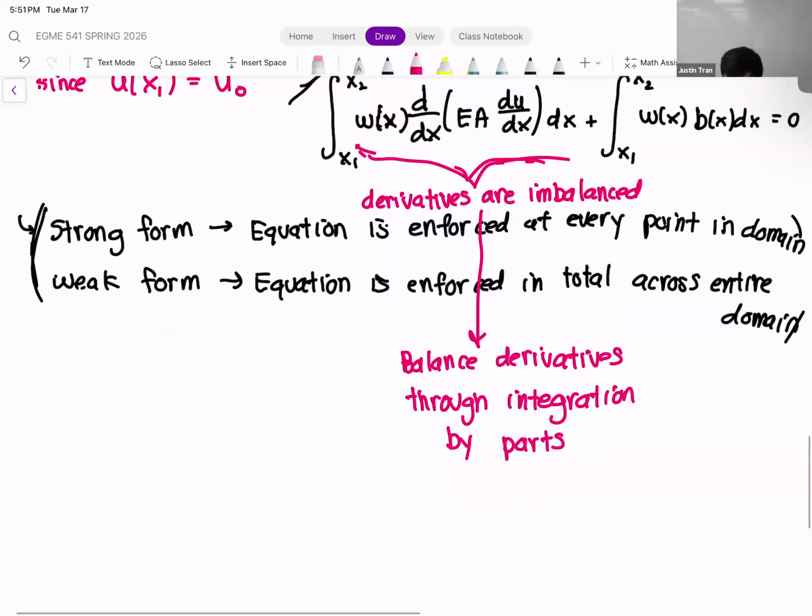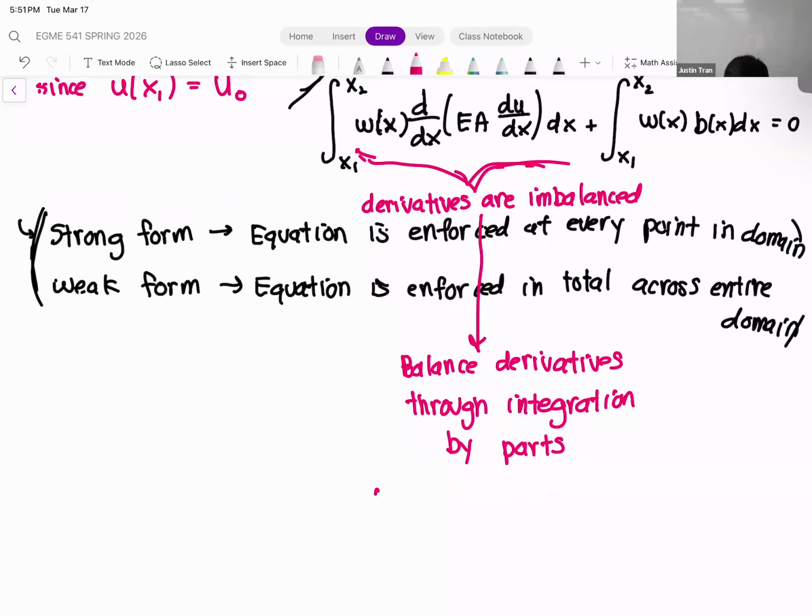If you remember how we do integration by parts, we have a u and a dv. For u here, we're going to set it equal to w of x. For the dv part, that's the part we take the antiderivative of: d dx of EA du dx, dx as well.